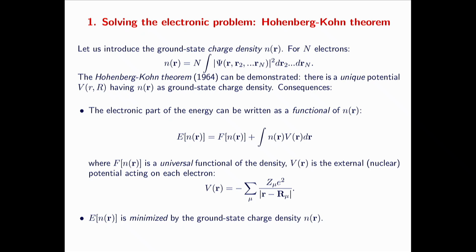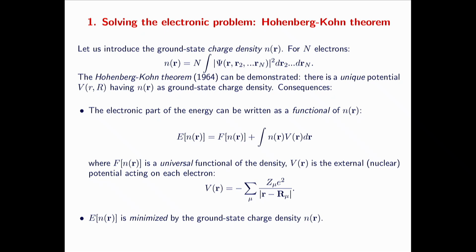I'm always talking about the electronic ground state here. And it's less obvious that you have also the opposite relation. So given a ground state charge density, you have a unique potential that has that charge density as ground state charge density.